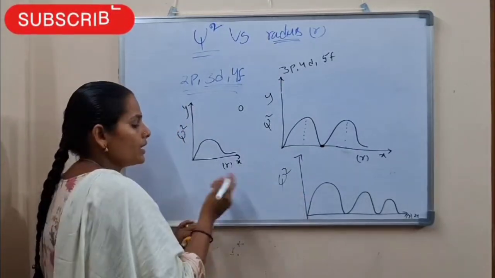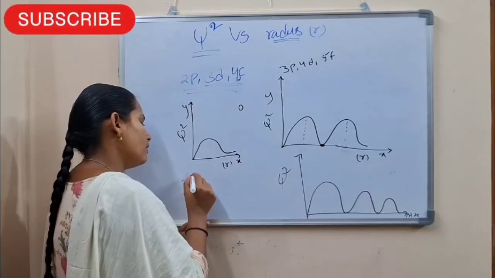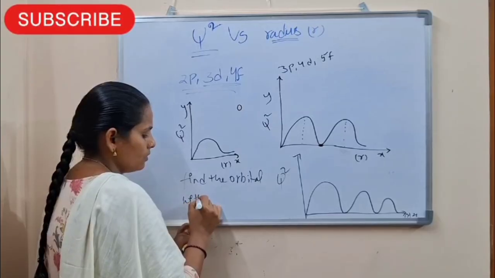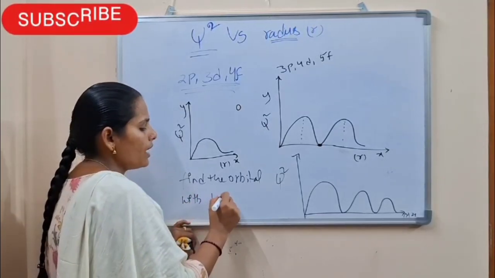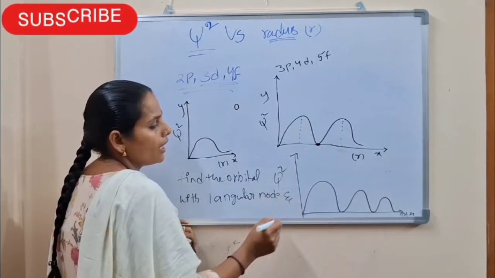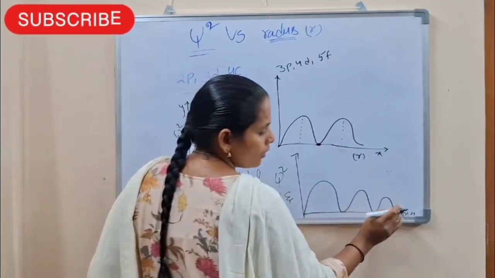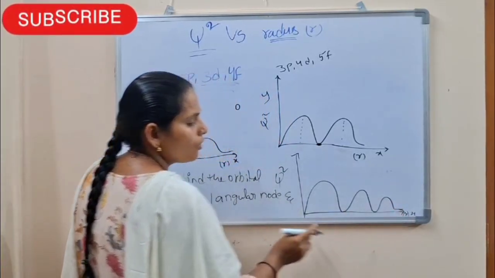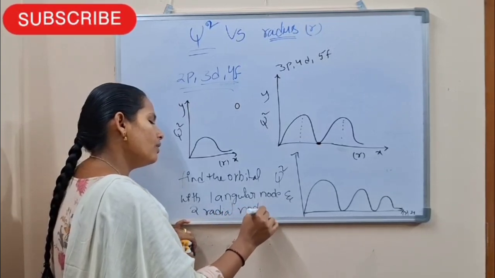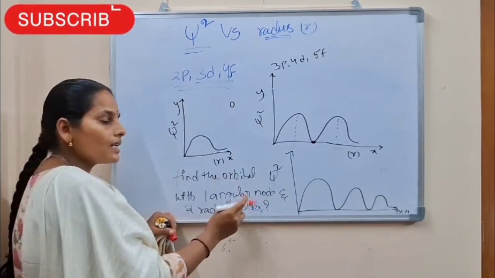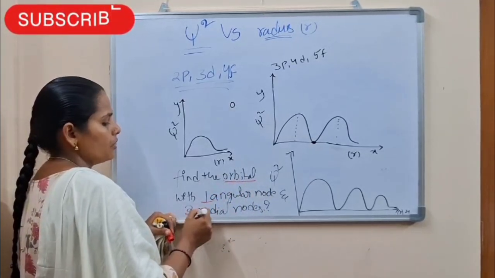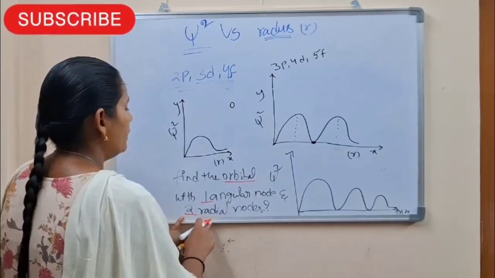Using this graph he asks you to find the orbital with one angular node and two radial nodes. Let's solve the problem.